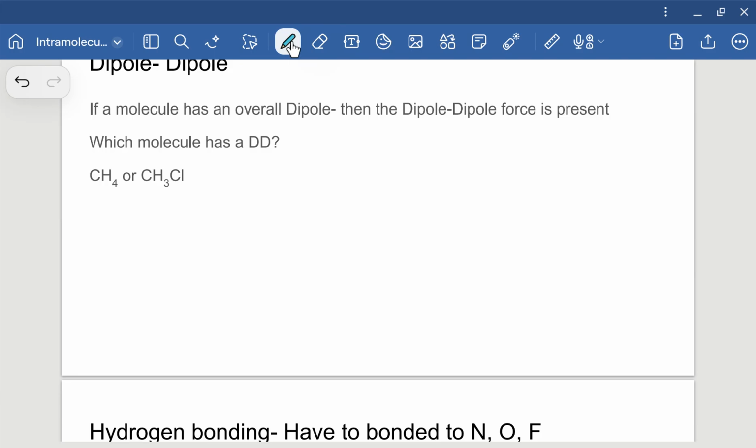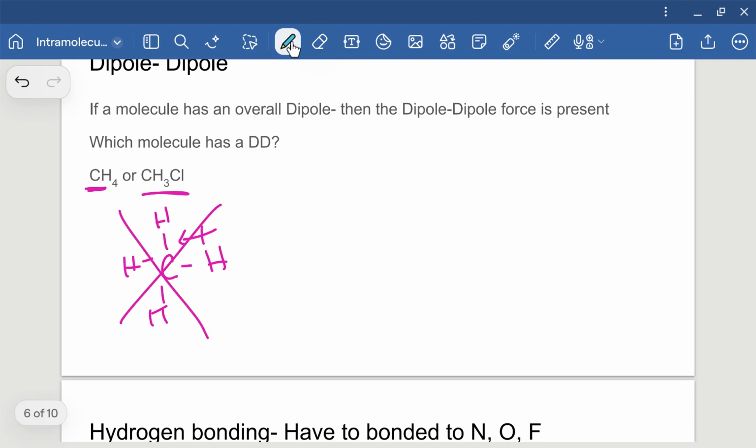So for instance, you have comparing CH4 and CH3Cl. CH4 is a symmetrical molecule. Even if we filled in some electronegativities, we would see that all of our dipoles point inside and they would cancel.